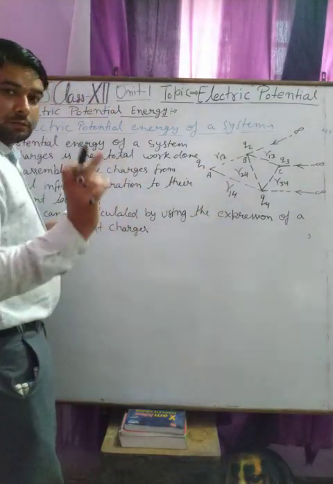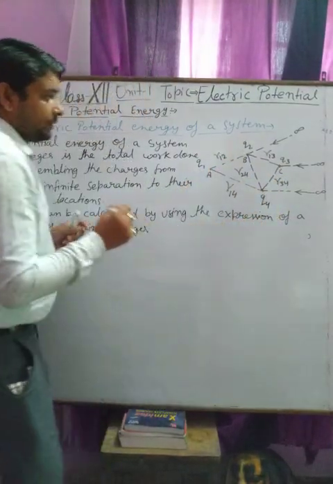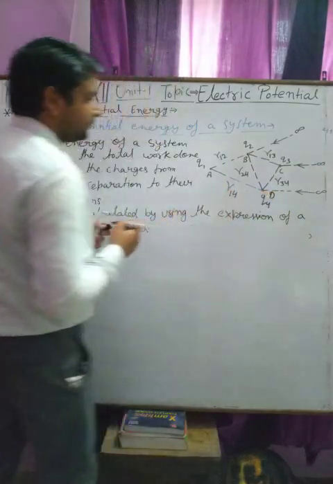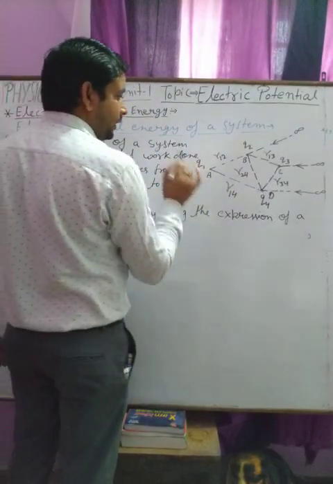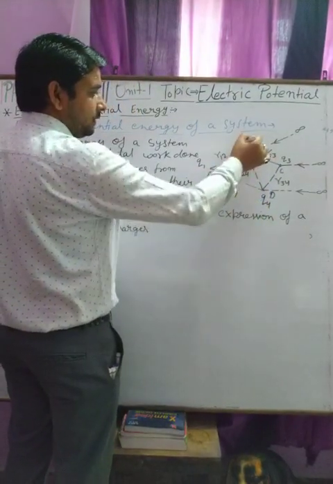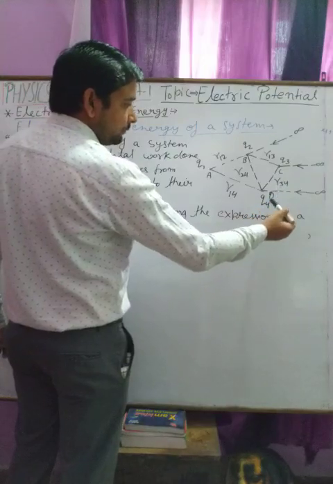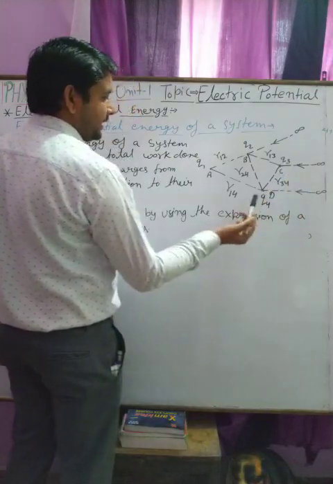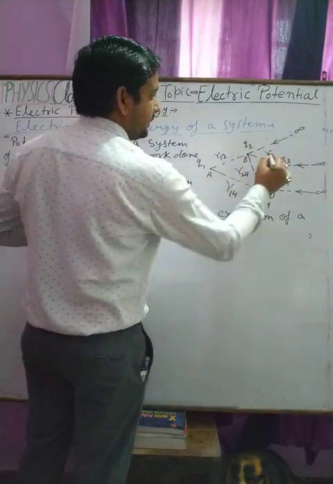We have some point charges q1, q2, q3, q4 which are placed at locations A, B, C and D. Their distance of separation from point A, or initial charge q1, is r12, r13, and the distance between charges q2 and q4 is r24, and the distance of charge q3 and q4 is r34, and the distance of charge q2 to q3 is r23.